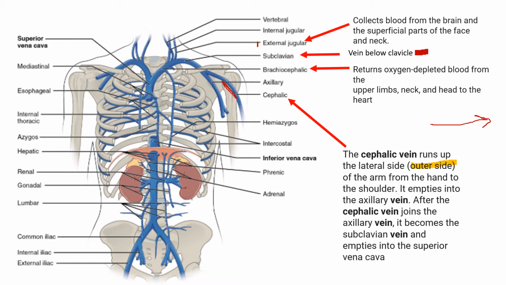Axillary vein, after the cephalic vein. So you've got this. It's basically like one long connection, really. It's just that as the vessels ascend and go superiorly or inferiorly, the name changes. It's almost like with streets.